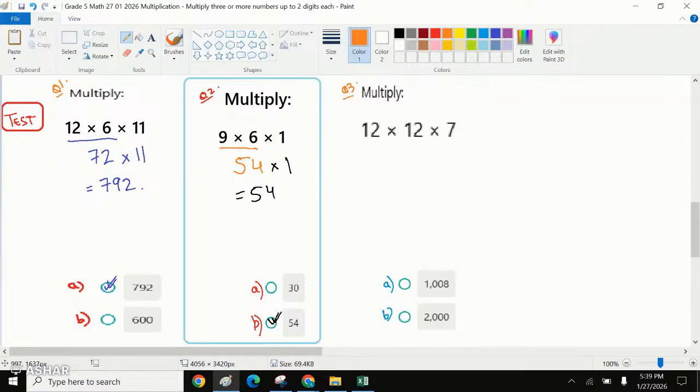So what should be the answer for this? Thank you, Rebecca. Because we know that 12 multiplied by 12 was 144 multiplied by 7. Yes, it comes out to be 1008. That is option number 1. Thank you, everyone.